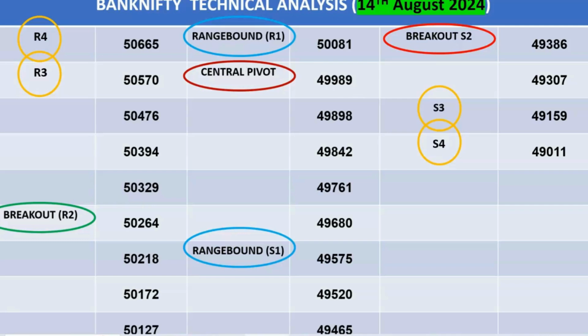Okay, and then the first support is at 49575, and below that the breakout support, that is S2, is at 49386. Then S3, S4 are at 49159 and 49011.